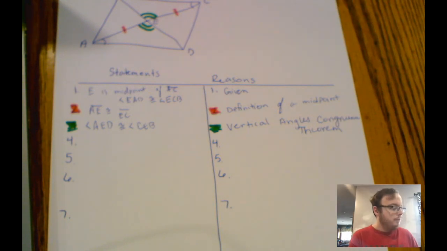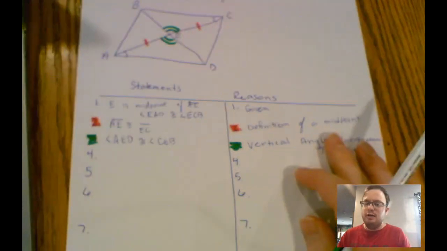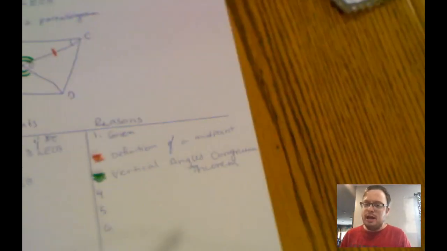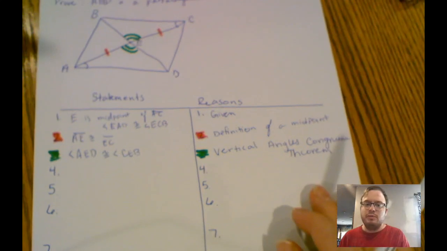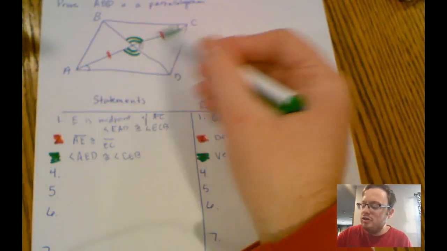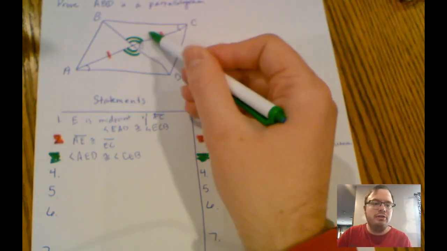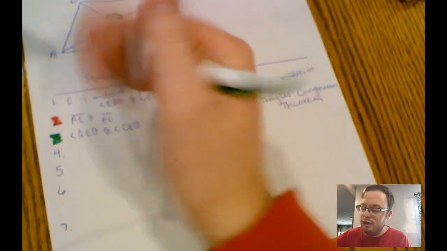At this point, what we notice is I now have enough information to say that this triangle and this triangle here, the top one and the bottom one, are now congruent.